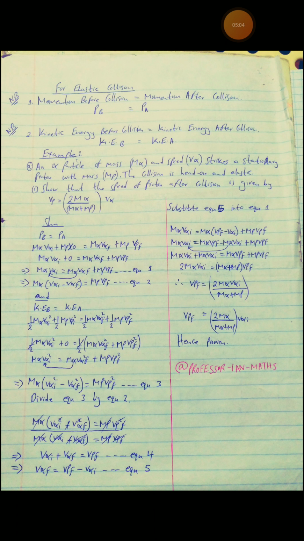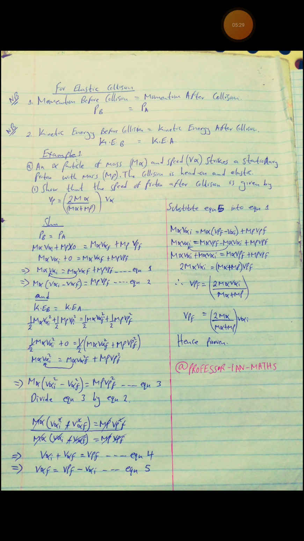Now, we can put the like terms together, where we take m alpha v alpha final squared to the other side and then factor out m alpha. We get m alpha (v alpha initial squared minus v alpha final squared) is equal to mp vp final squared, and that one becomes our equation 3.